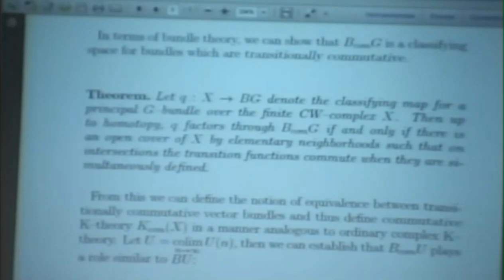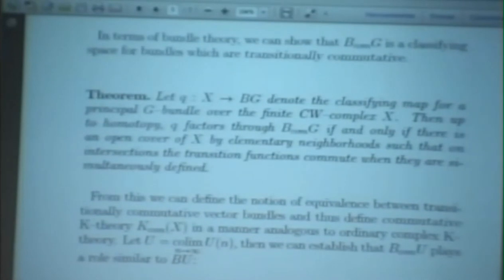Now the next thing we looked into was, well, what are these spaces? What role does B_com of G play in terms of bundles? So playing around with the definition, we came out with the following result here. It's a classifying space for bundles which are transitionally commutative. And what does that mean?